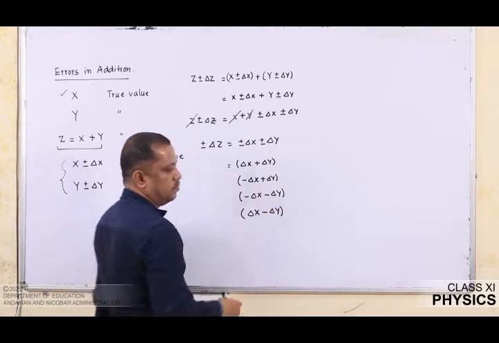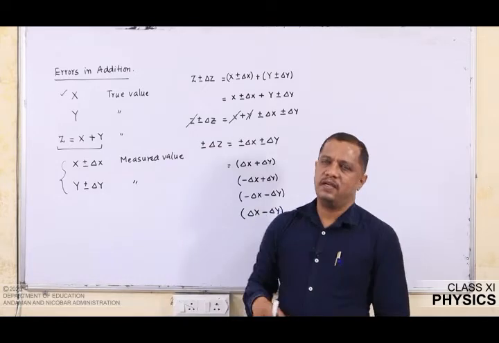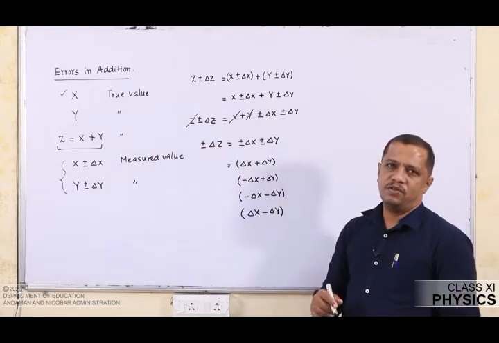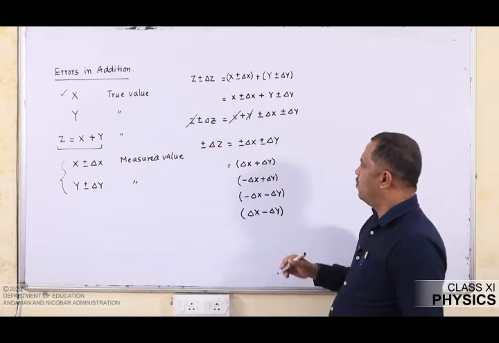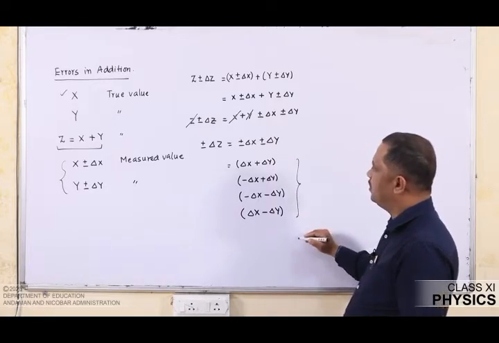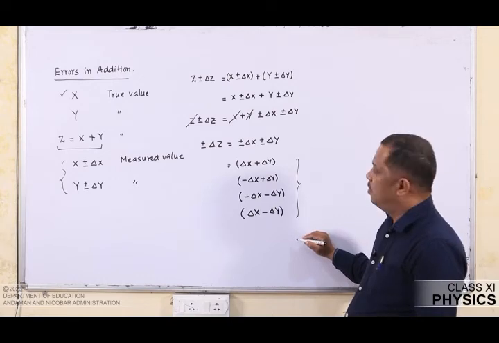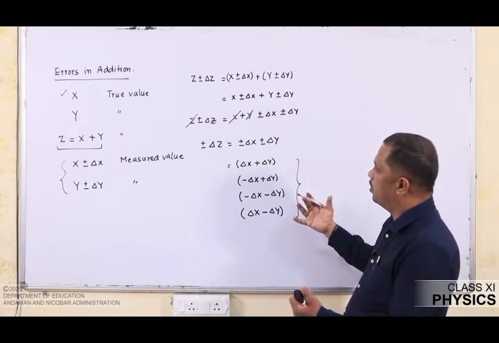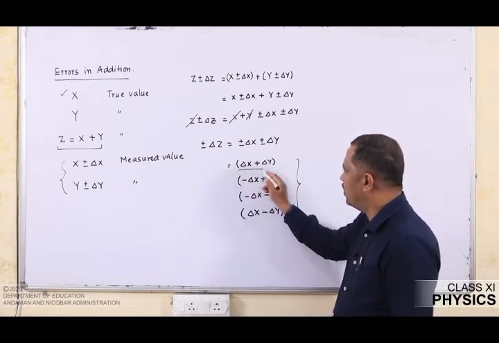So, these are the 4 possible combinations of the errors when I find the sum of the two physical quantities. Now, from all these 4 errors, what I am interested in is finding the maximum possible error, and the maximum possible error is this one.